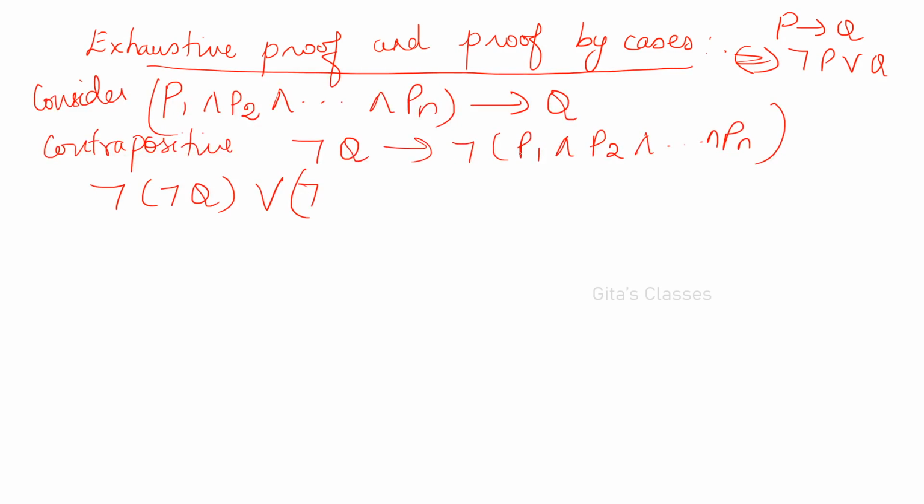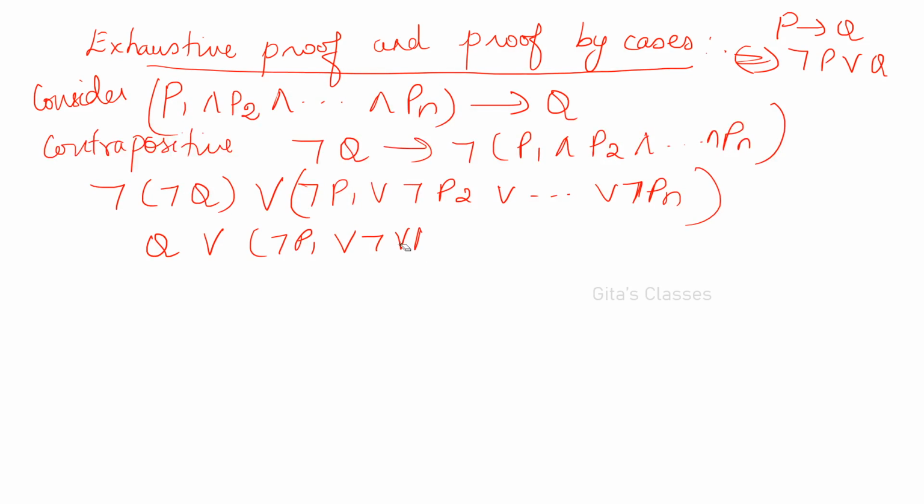If you take the negation of a conjunction, we have seen De Morgan's law. The same thing can be extended for n values also. So it will be not P1 or not P2 or so on, or not Pn. So this becomes Q or not P1 or not P2 or so on, or not Pn.